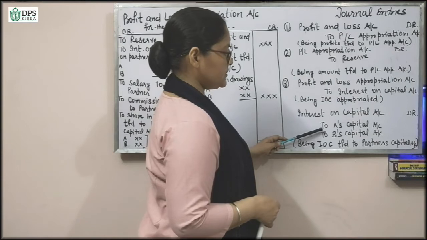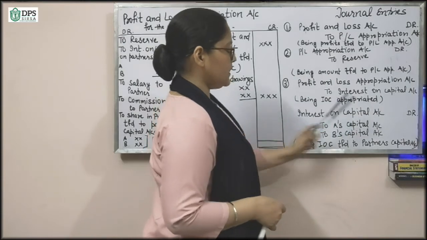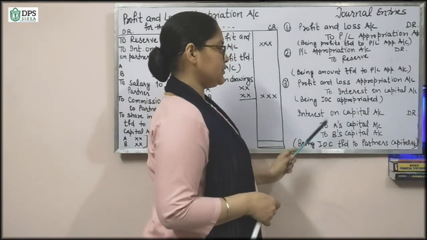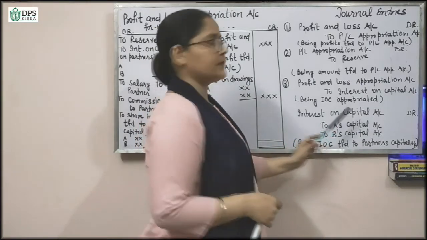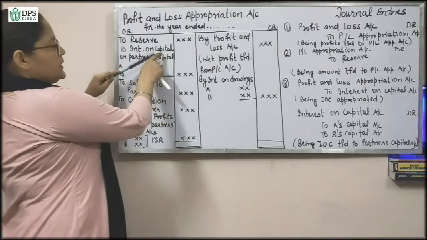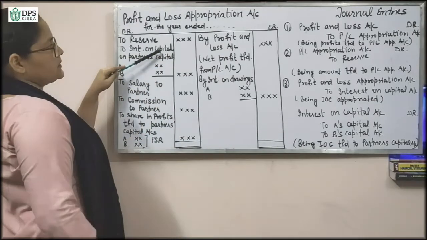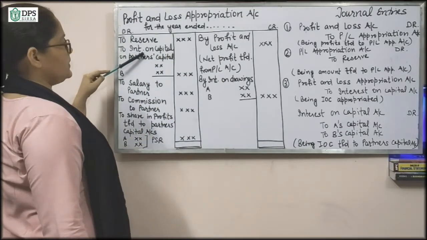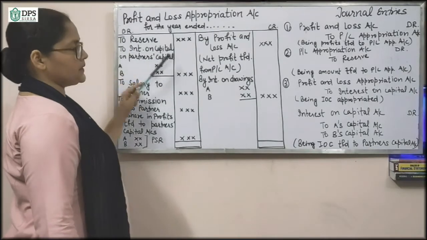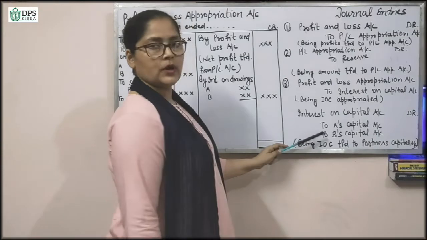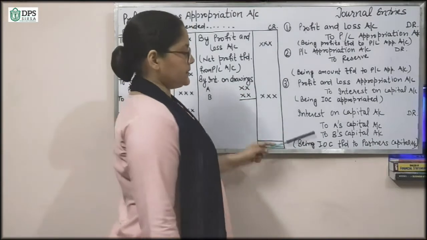Next is interest on capital account debit to A's capital, to B's capital. We are transferring the interest on capital that we are providing here to the partners. This is an expense type, and we are providing this interest on capital to the partners because it belongs to them.